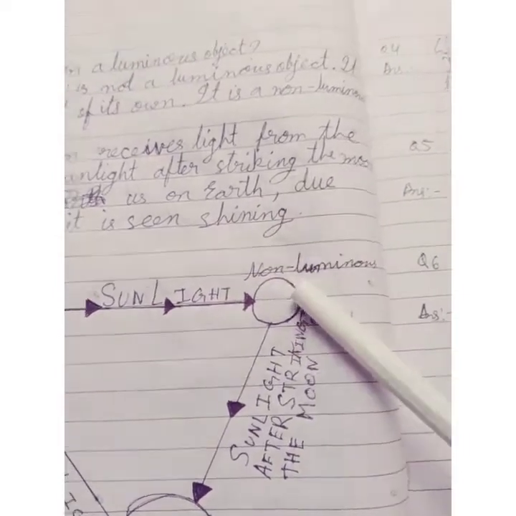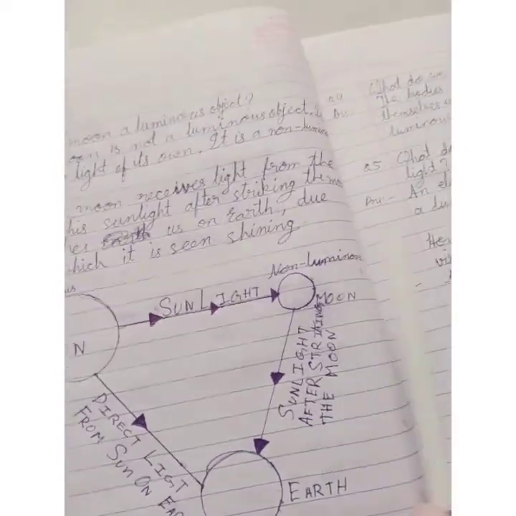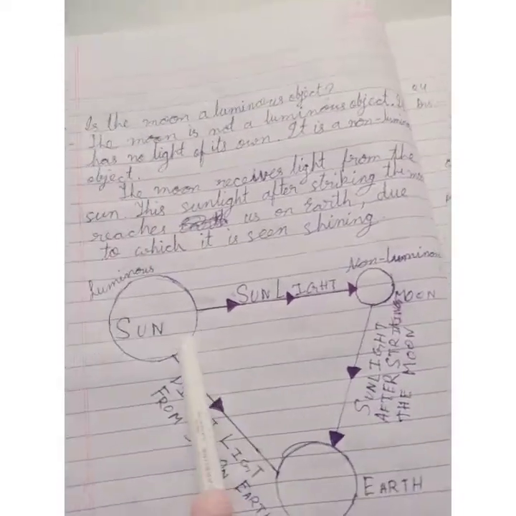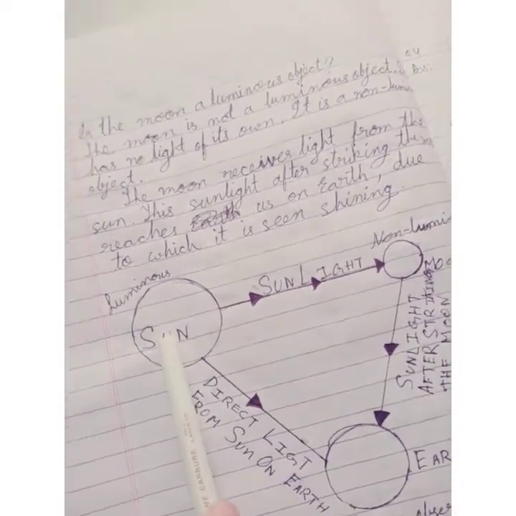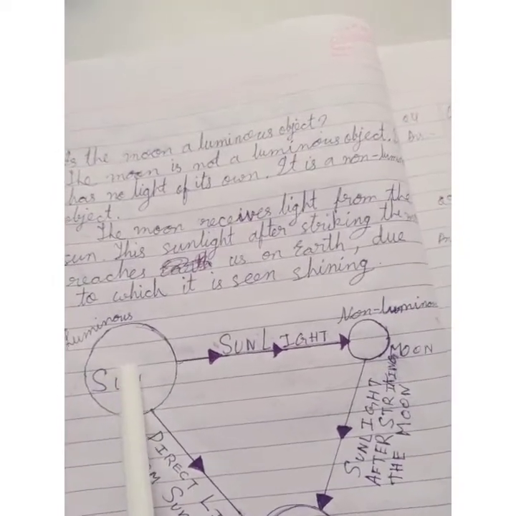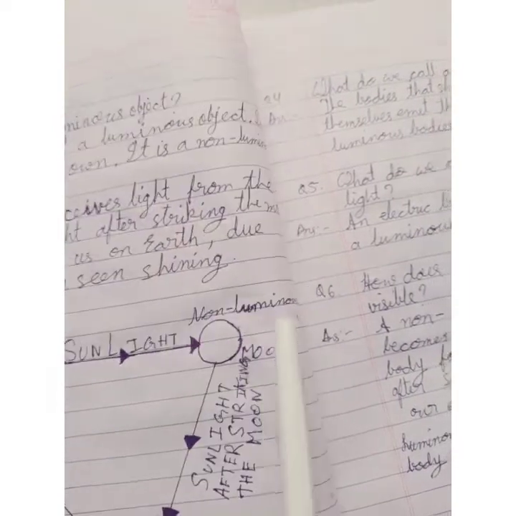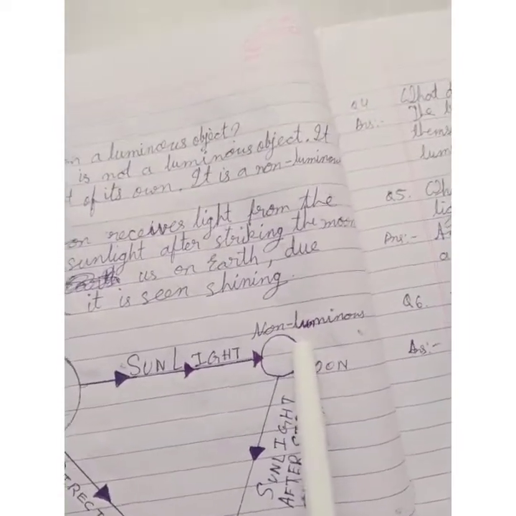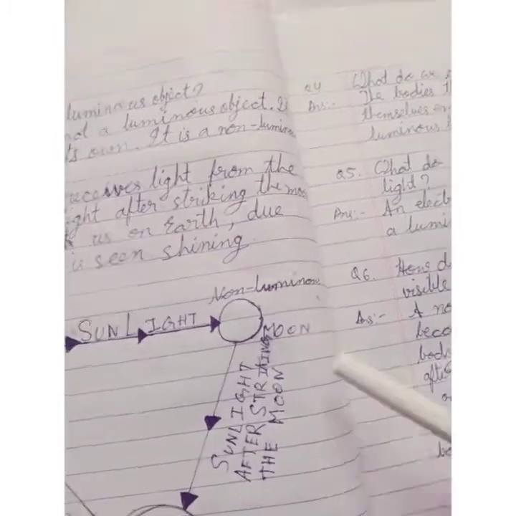But then also the moon is considered a non-luminous body. Why? Because the moon is not giving its own light. See, in the night time also the sun is active and the sun is giving light to the moon. See, sunlight is reaching from the sun to the moon, which is a non-luminous body, and then the light reflects.